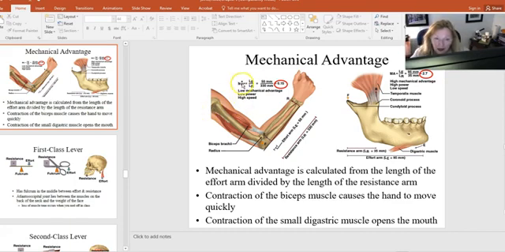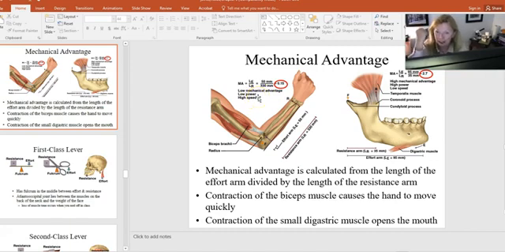Mechanical advantage, MA, is equal to the length of the effort arm in the lever divided by the length of the resistance arm of the lever. And if that number that is achieved is less than 1, you will have speed at that joint.